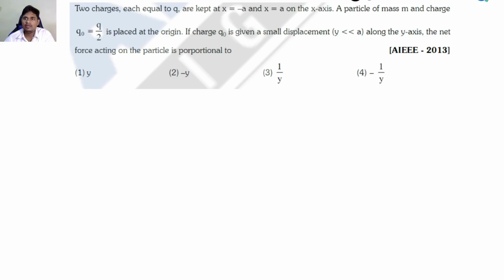Alright, so here basically we have been given that this is a line, x-axis, and on that this is our y-axis here. Now two charged particles are kept at two different positions.